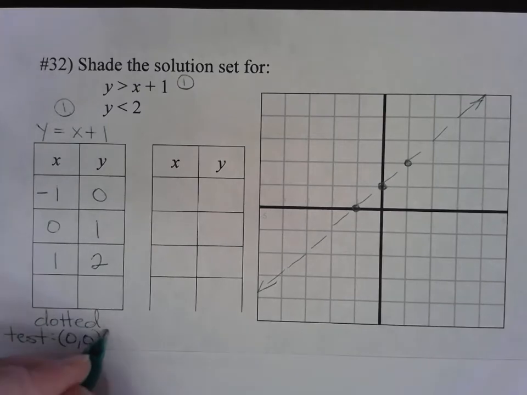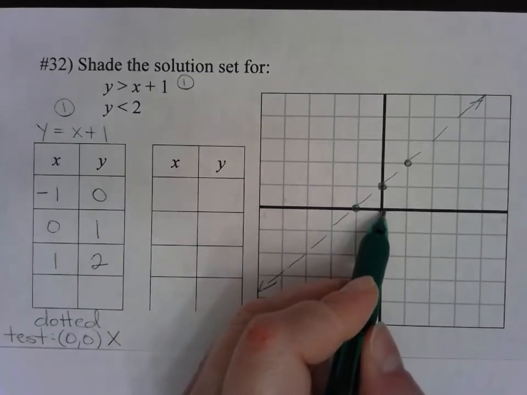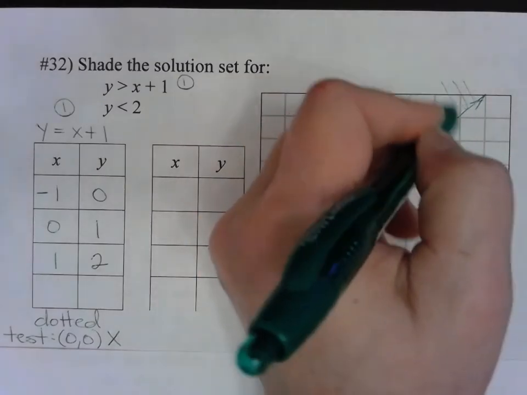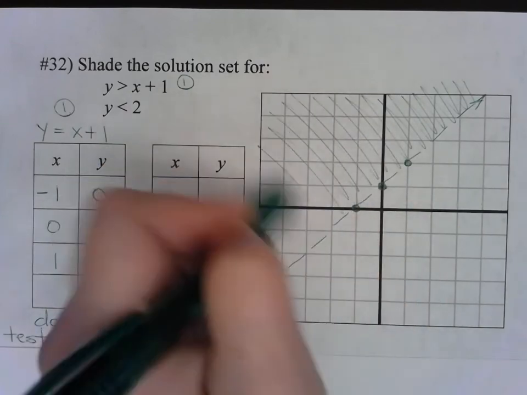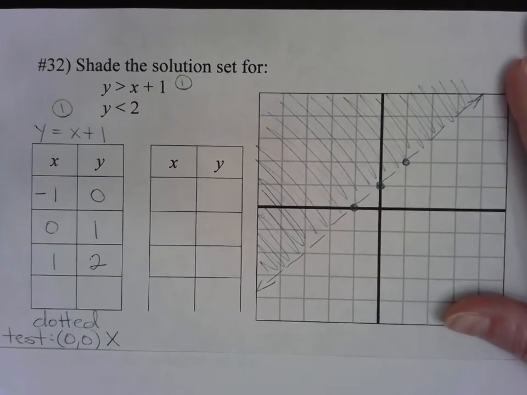Again, that's false. It did not work. So I don't want to shade on this side where 0, 0 is. I want to shade on the other side. So that would be up here. Okay, so that's the first half of this problem.